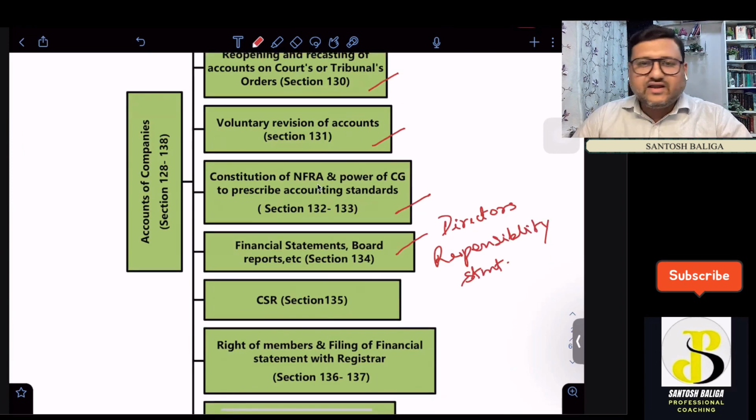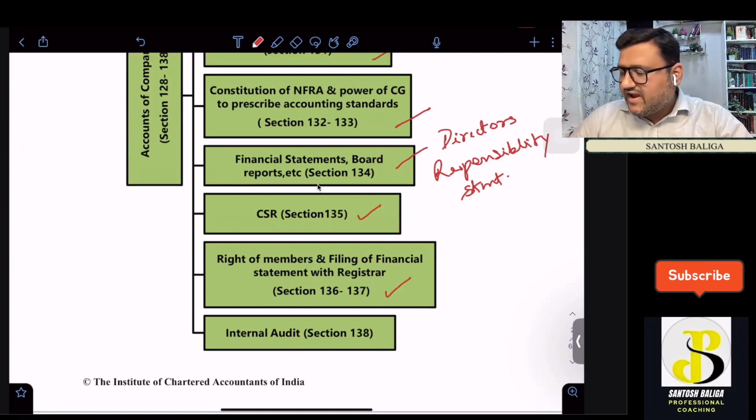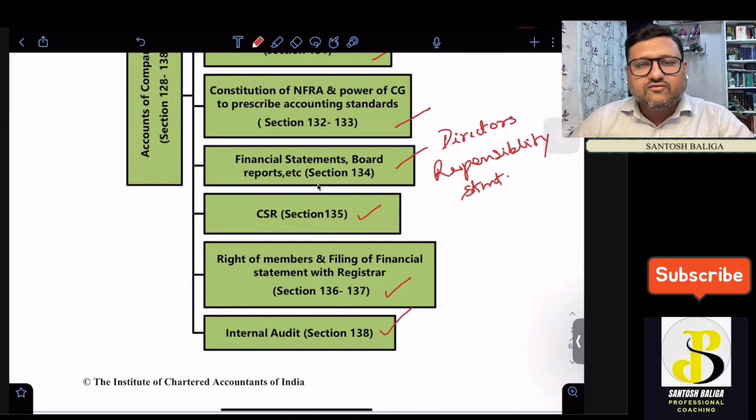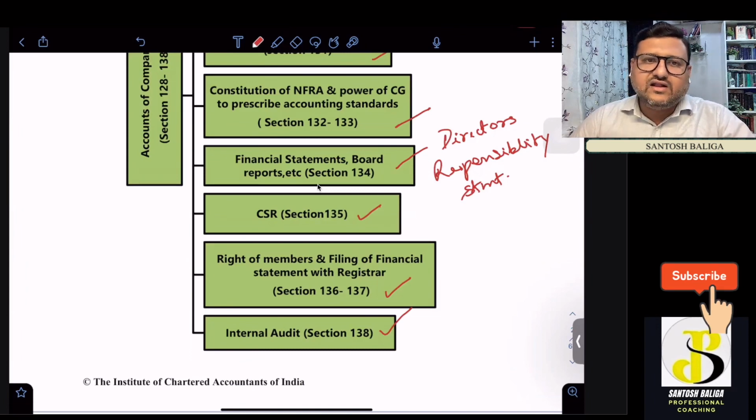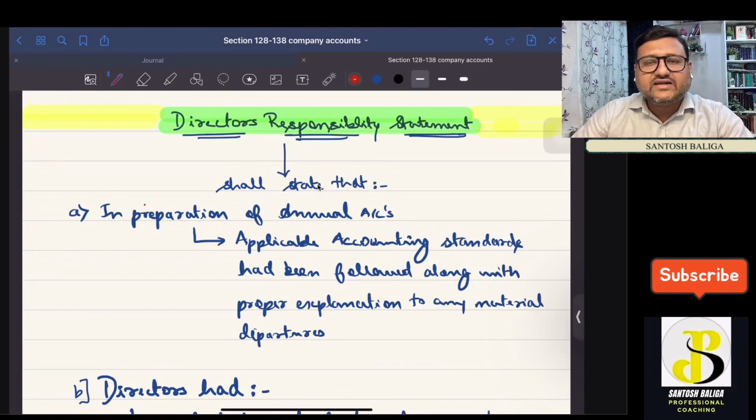And going forward, in the next few days, I will be uploading section 135, which is CSR, section 136, 137, and we'll conclude this chapter with section 138, internal audit. So without wasting any time, let's dive into section 134, subsection 3, clause C, which covered that a board report includes director's responsibility statement, and I had promised you that I'll bring a separate lecture for it.